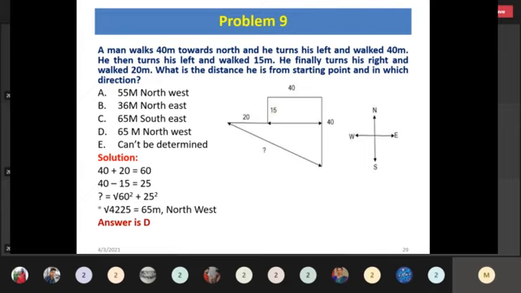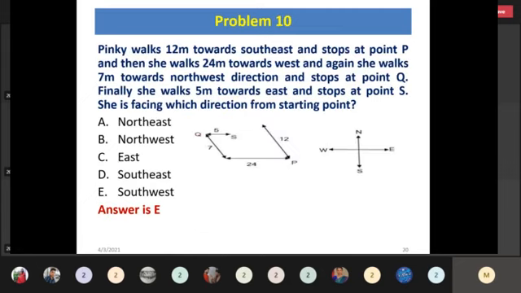Now problem 10. Pinky walks 12 meters towards southeast and stops at a point P, and then she walks 20 meters towards west, and again she walks 7 meters towards northwest direction and stops at a point Q. Finally, she walks 5 meters towards east and stops at a point S. She is facing which direction from the starting point?